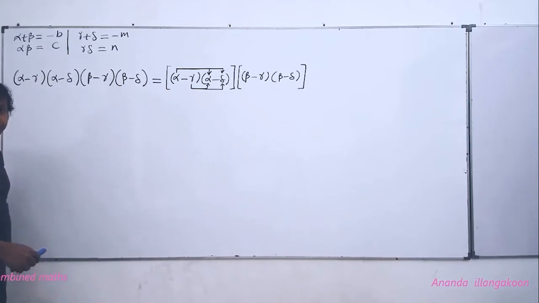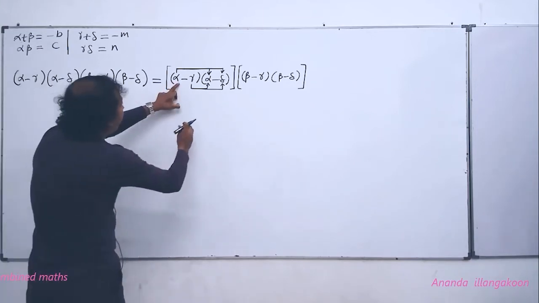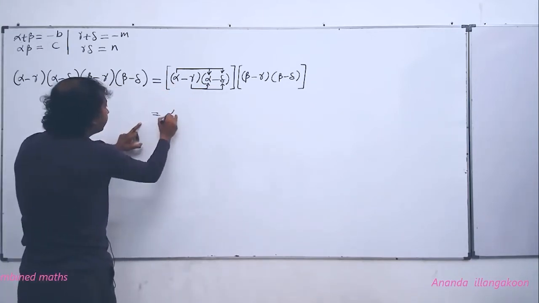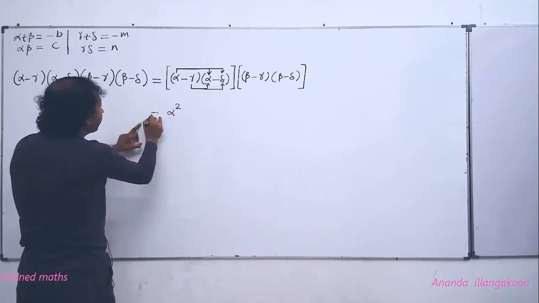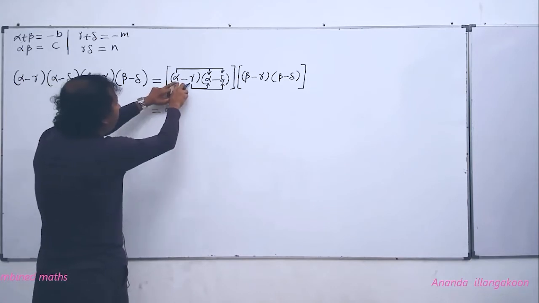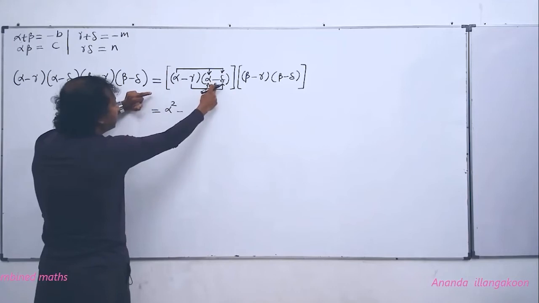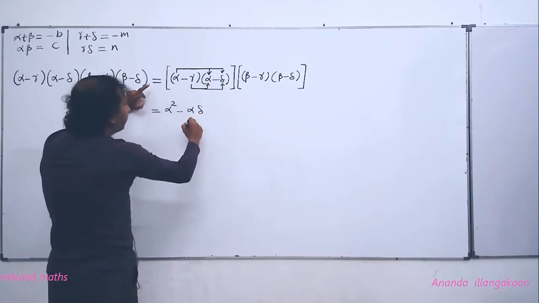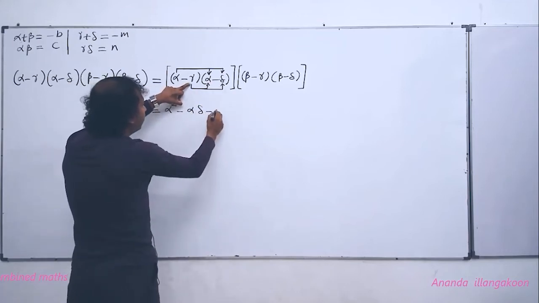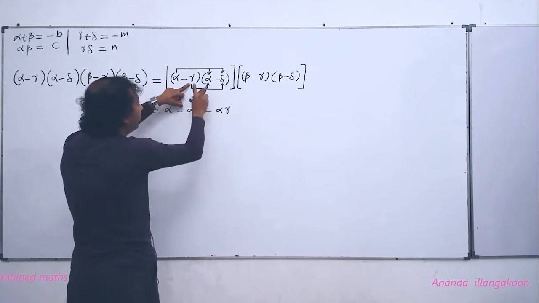Right. We'll remove alpha and alpha, people, alpha squared. Alpha and delta. Minus alpha delta, no? Because this is plus, this is minus, no? Alpha delta. This and this. Minus alpha gamma. This and this.